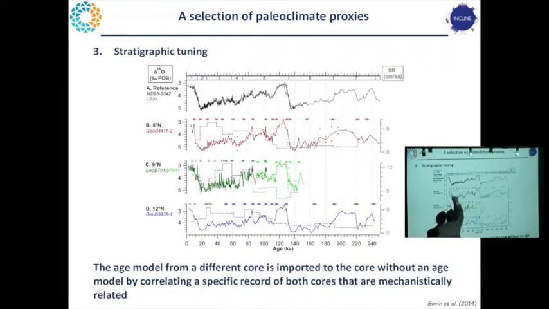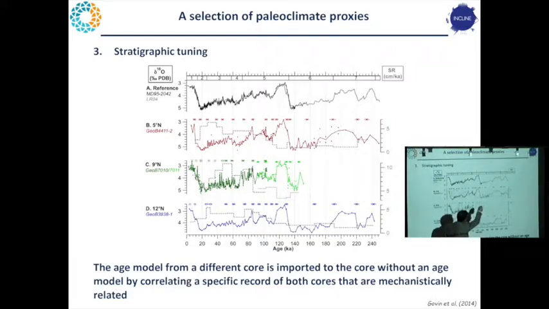So we can use tie points and say, well, this trend here is very much that trend there, when we go from the glacial maximum before the last towards the last interglacial. The present interglacial is here, but the last interglacial is here. So this trend here is this one.